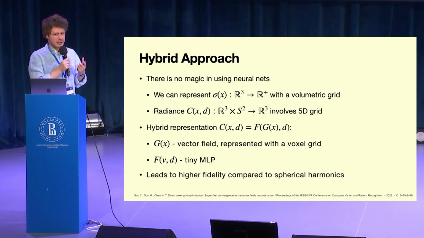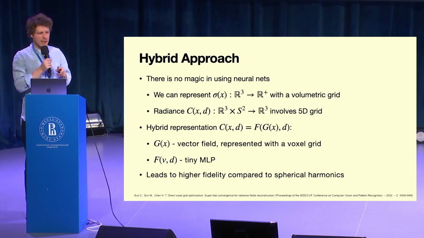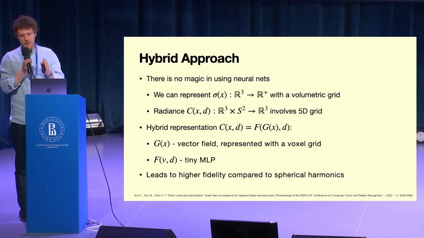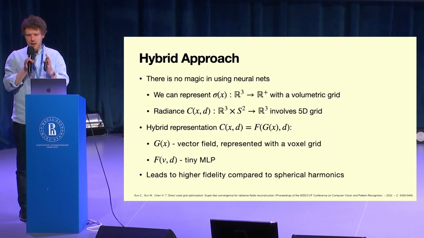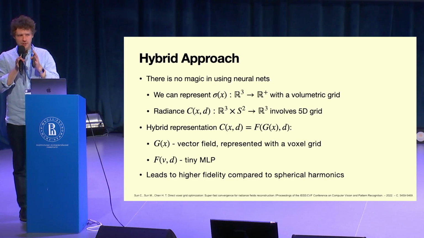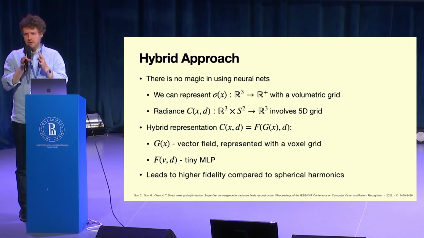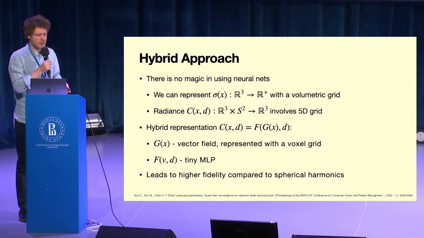If you take a tiny MLP, like 2 layers 64 by 64, it could be much faster than the original MLP, and you can translate the complexity of parameters from the fully connected layers of the MLP, which are hard to process and take time to process, to volumetric grids.